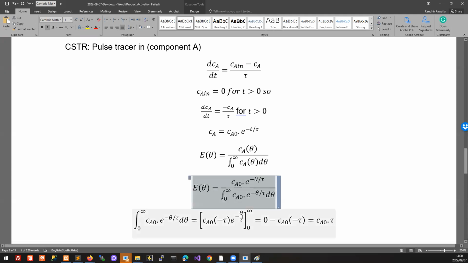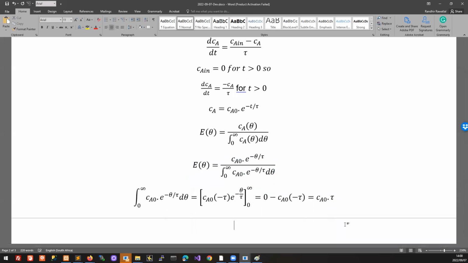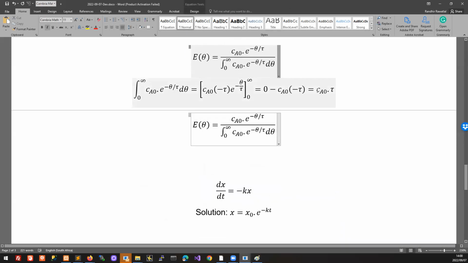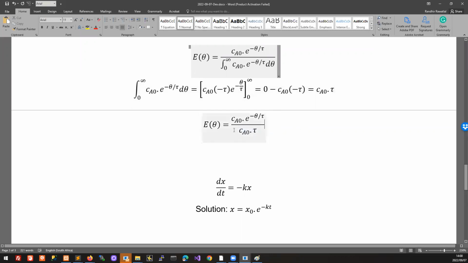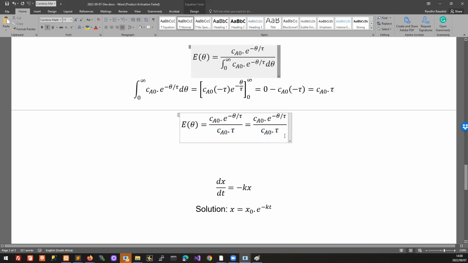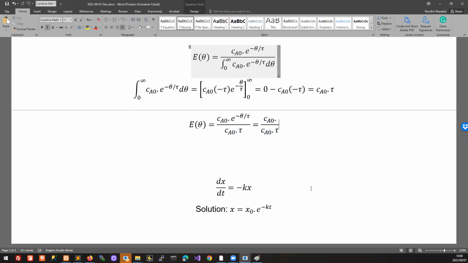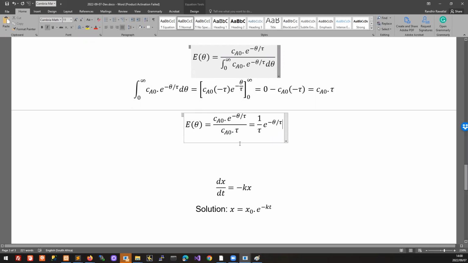So then we can say E of theta is simply this thing. The integral for the denominator we worked out here. So it's that. And then, of course, the Ca naughts can cancel. So the solution finally is 1 over tau times that. So that's for a CSTR.